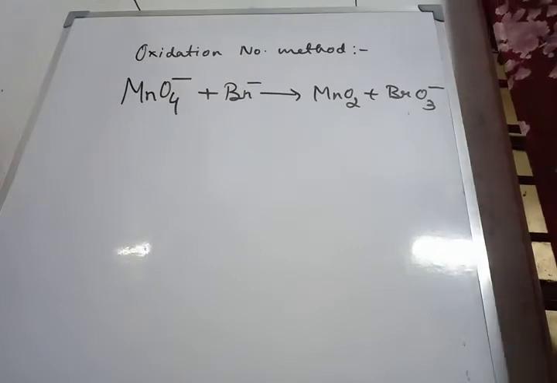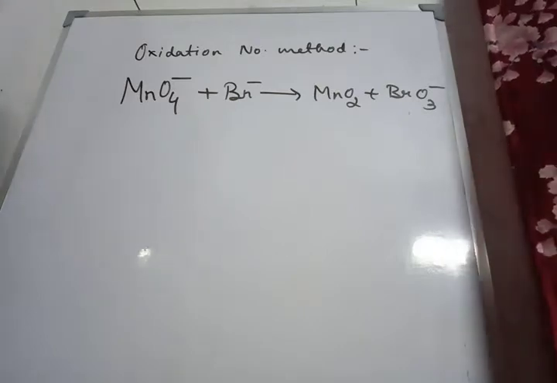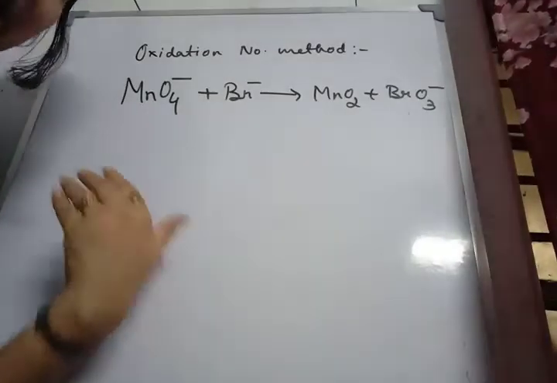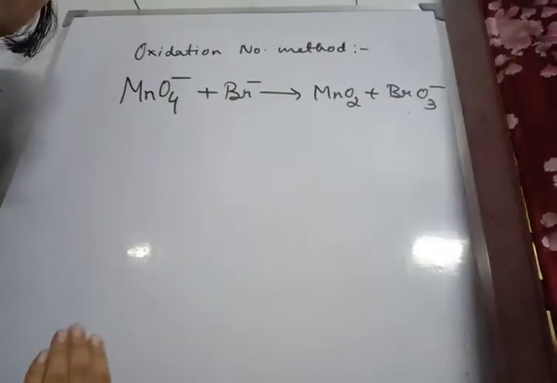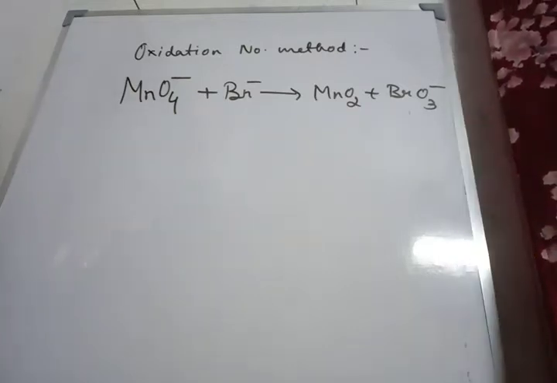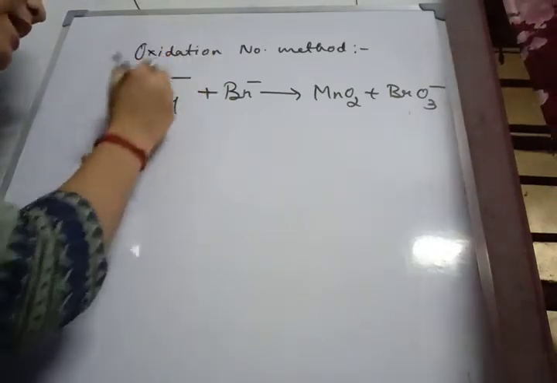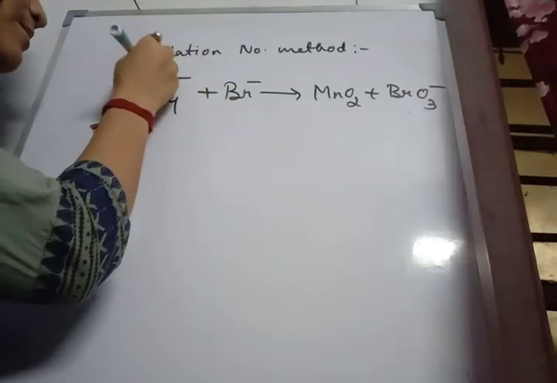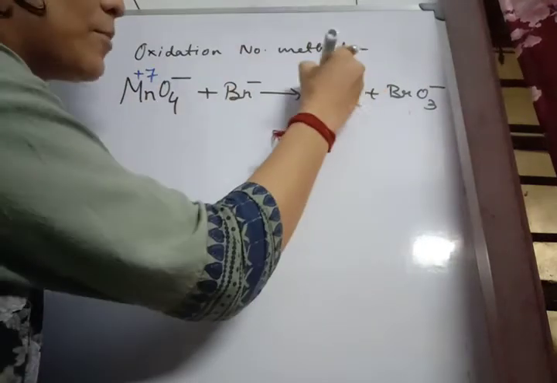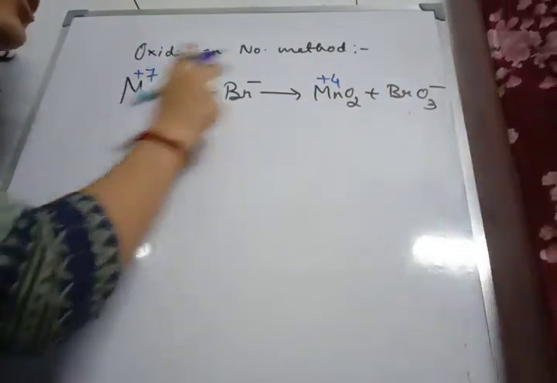First of all, we have to identify which is the oxidizing and which is the reducing agent. So oxidizing agent means which one? Which undergoes decrease in the oxidation number, and reducing agents are the ones that undergo increase in the oxidation number. So if we calculate the oxidation number of manganese, on the left hand side it is +7 and on the right hand side it will be +4. That means manganese undergoes reduction from +7 to +4.